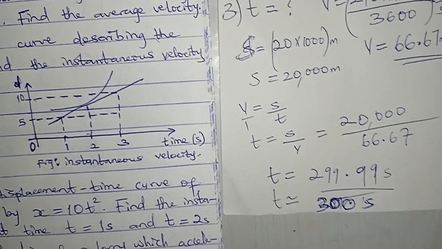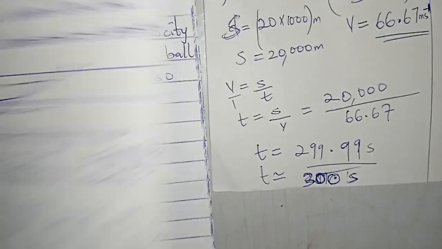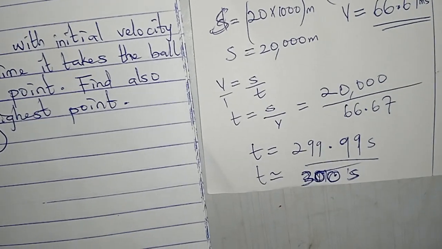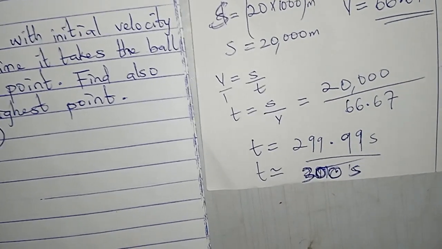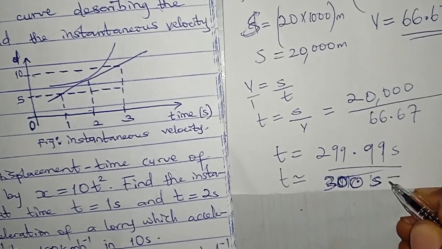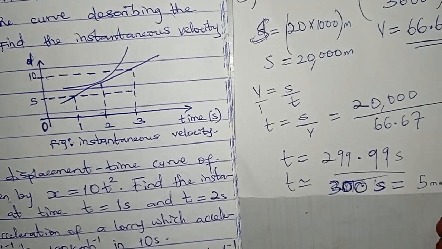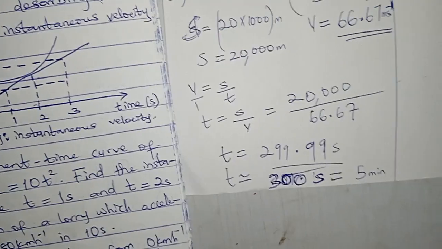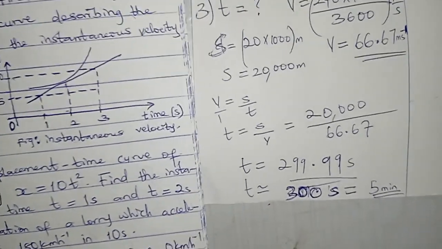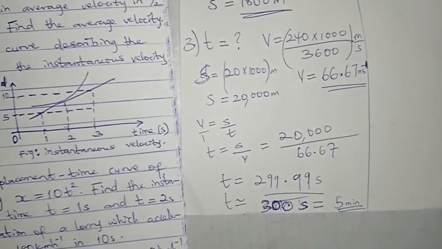And we know that 300 seconds, divided by 60, is the same thing as saying 5 minutes. So that's for question 3.